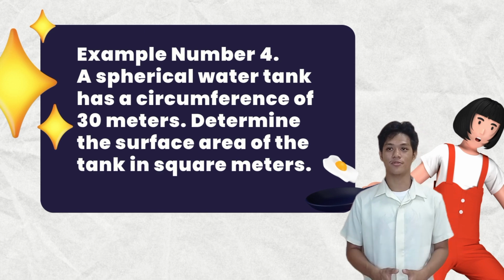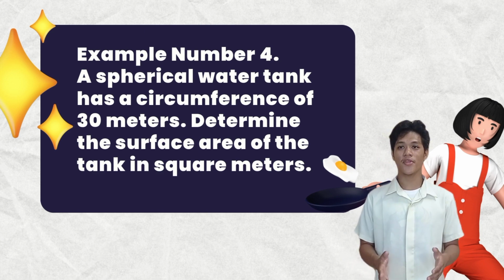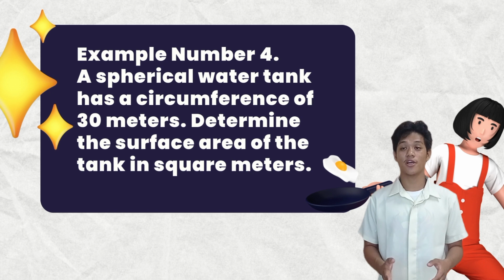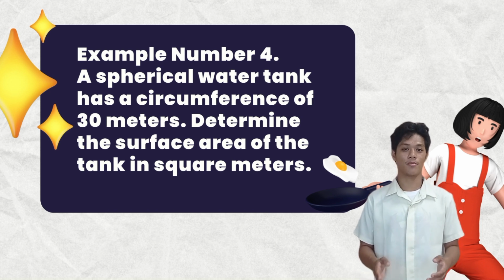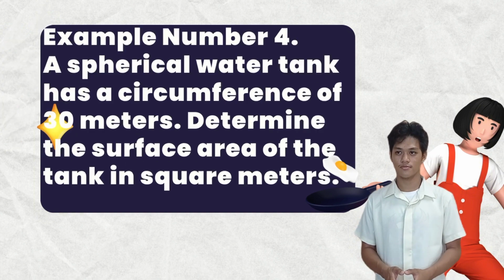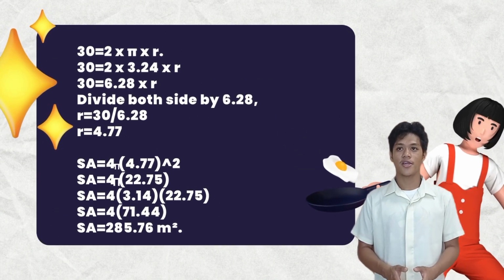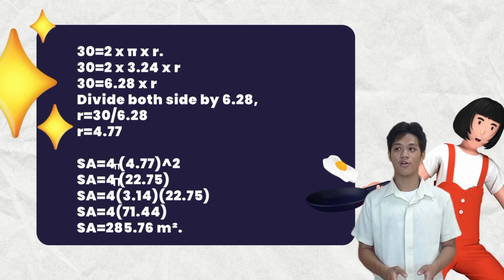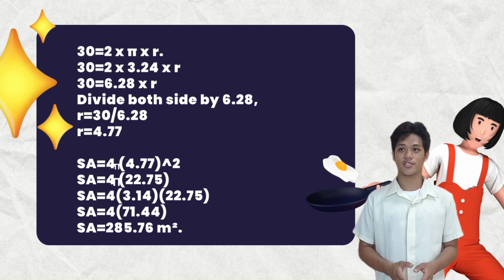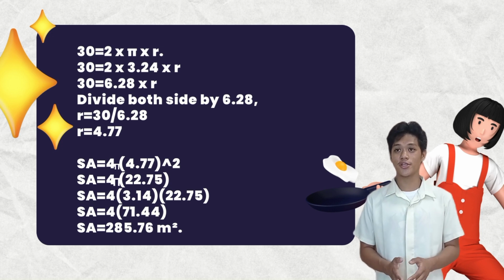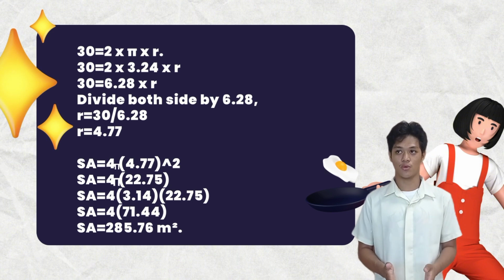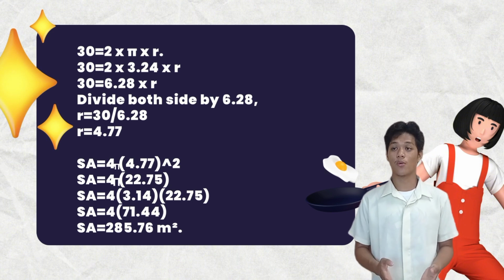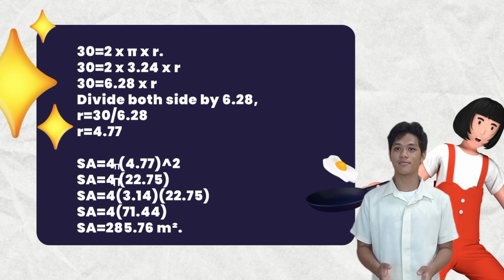Let's give more examples. A spherical water tank has a circumference of 30 meters. Determine the surface area of the tank in square meters. Using the formula for circumference, C equals 2 times pi times r, or the radius, we can get the radius. Given the circumference of 30, we can just substitute it into our formula. 30 equals 2 times pi times r.